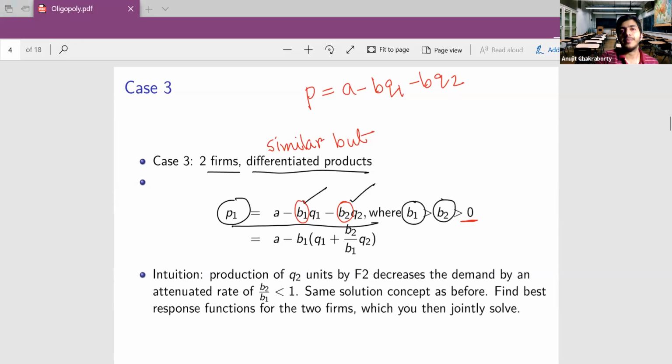Let me pick up a problem from the lecture notes. So let's say we have the following numbers. There are going to be two firms selling similar but differentiated products.